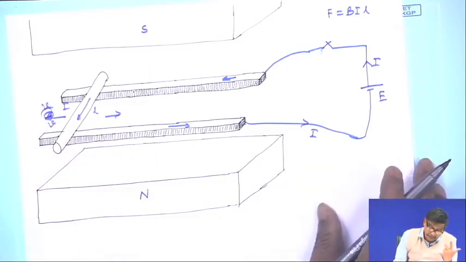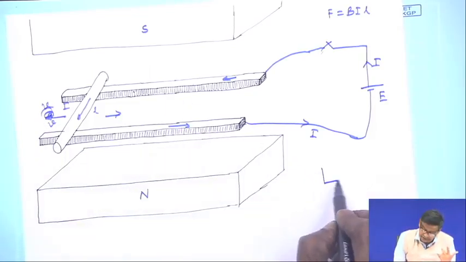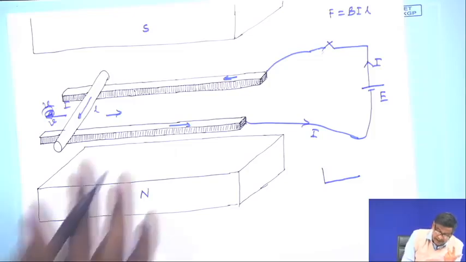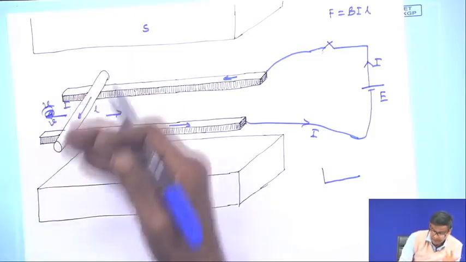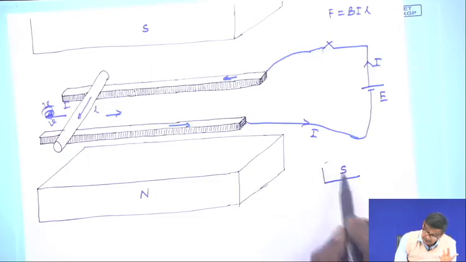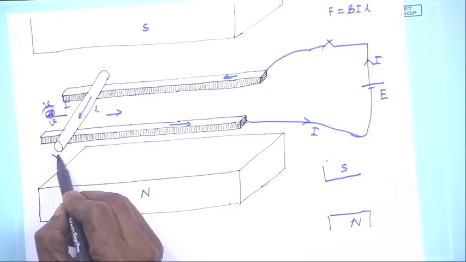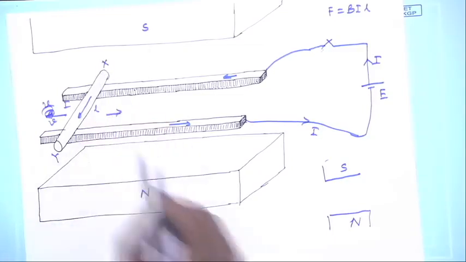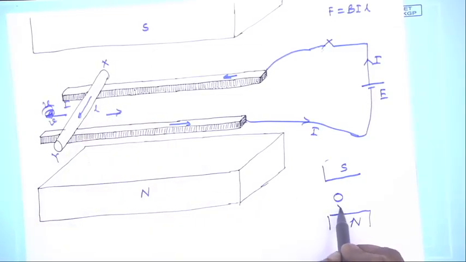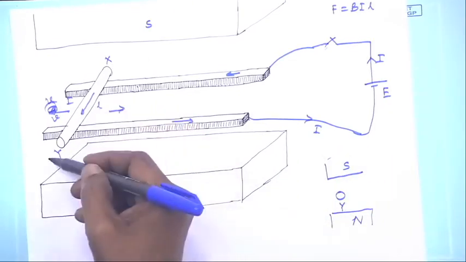And this diagram can be drawn if you look from this end, from the front side. It will look like there is a south pole here, there is a north pole here, and you will see only the y end side of the conductor, that is y, x is behind, and it is carrying a current towards y.